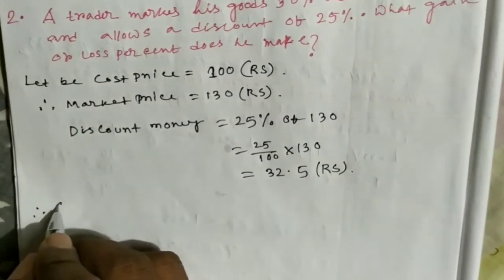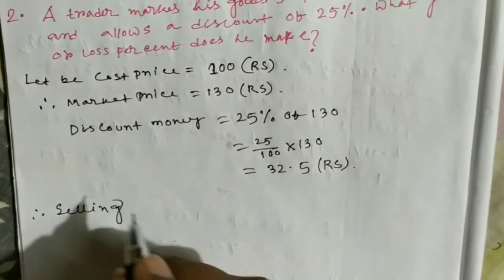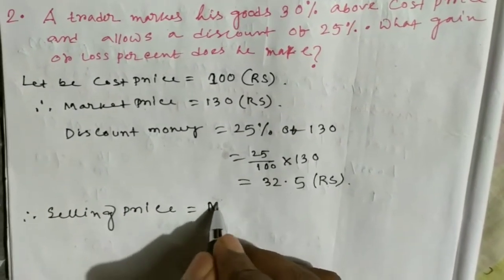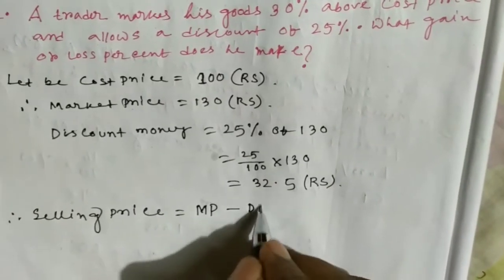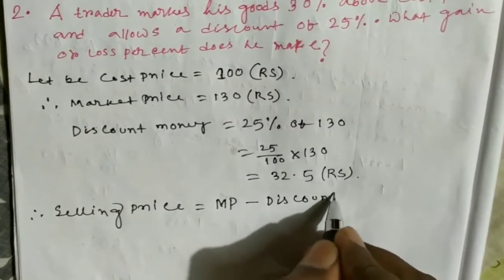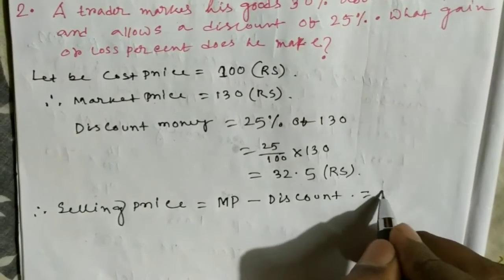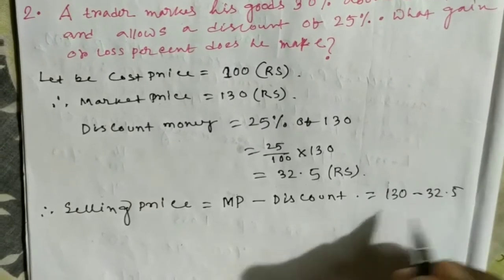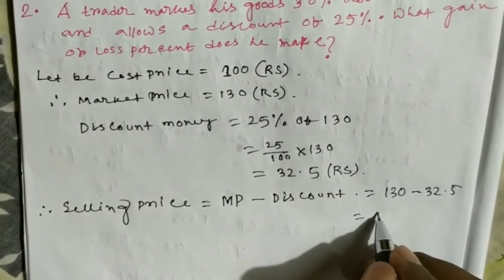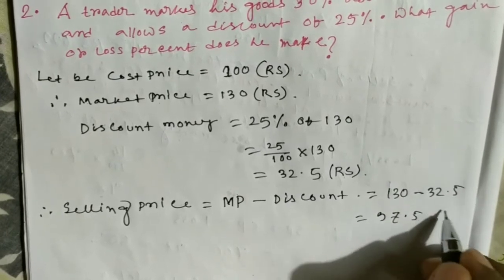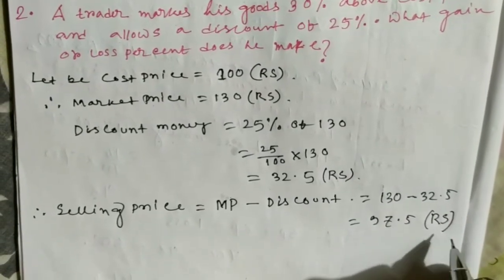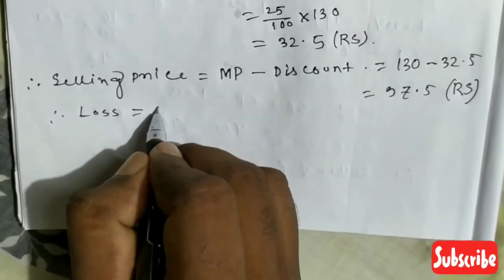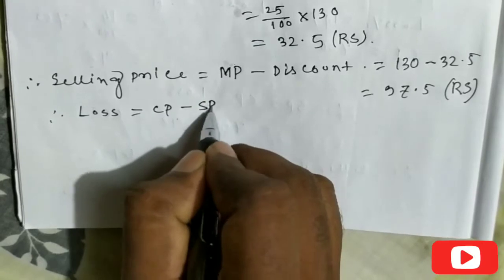Therefore, selling price is equal to market price minus discount, which is equal to market price 130 rupees minus discount money 32.5 rupees, which is equal to rupees 97.5. Loss is equal to CP minus SP.